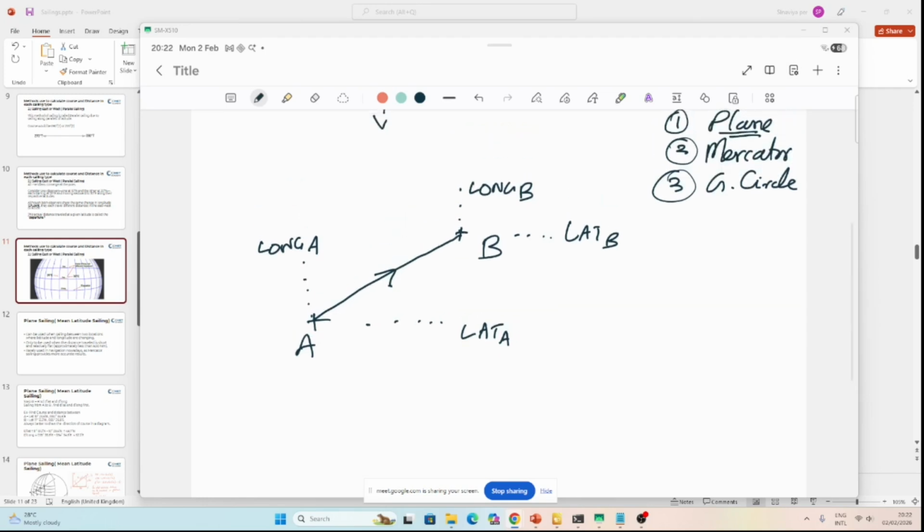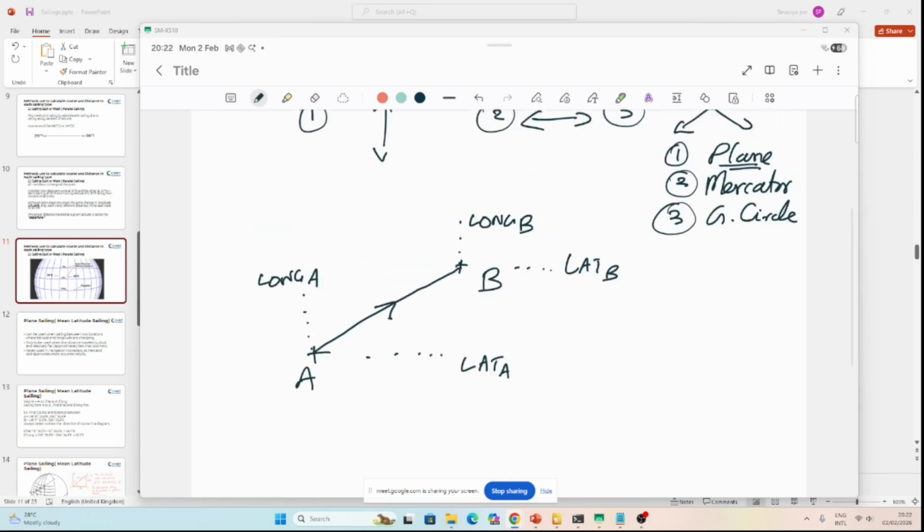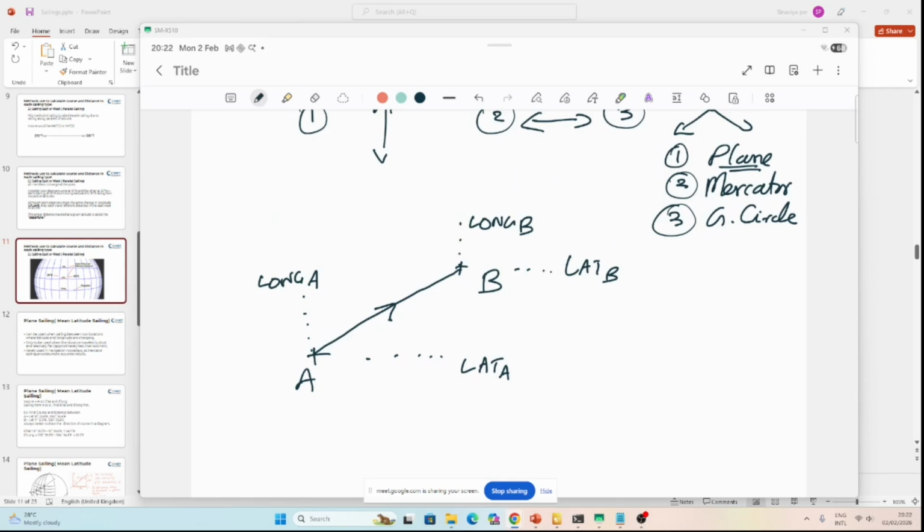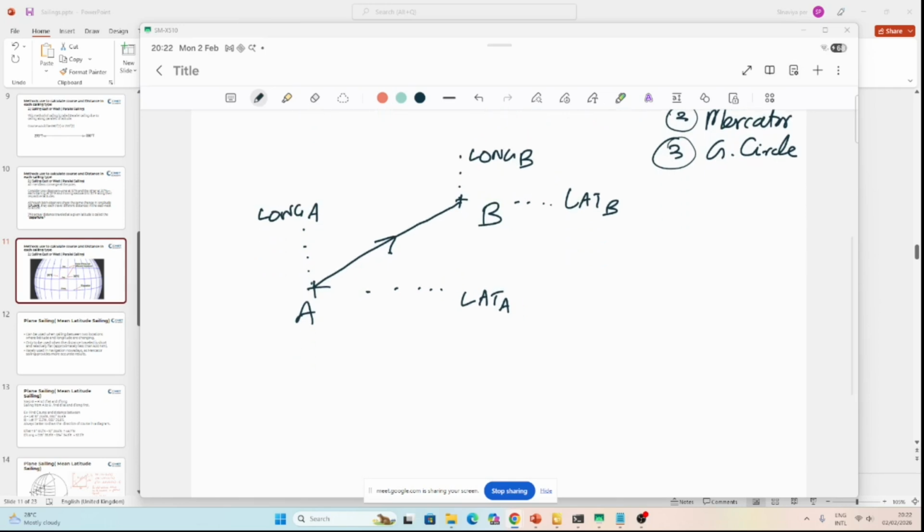Basically, you are using Mercator sailing. So the important sailing type of all this is Mercator sailing. But for the sake of understanding the subject, you have to learn about other types of sailing as well, because Mercator sailing and everything was derived from the fundamentals of plain sailing.